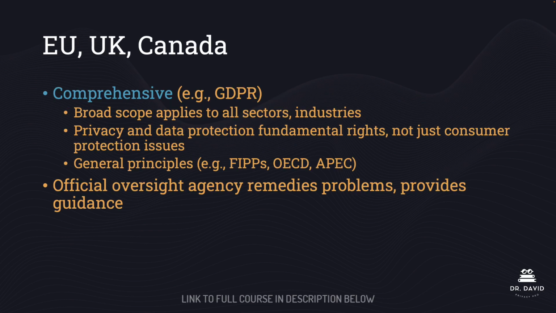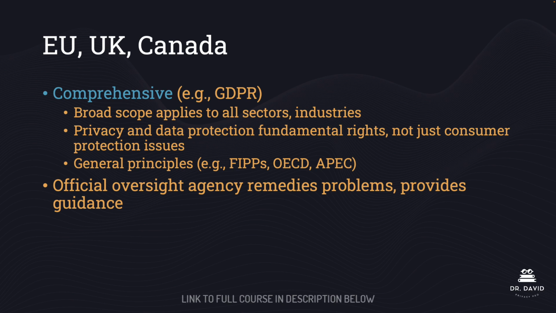Now, the comprehensive approach is much broader, and what the comprehensive approach does, and an example of this is the GDPR, is it broadly applies to all sectors and industries. With the comprehensive model, privacy and data protection are fundamental rights, not just consumer protection issues, and there are general sets of principles that guide this legislation.